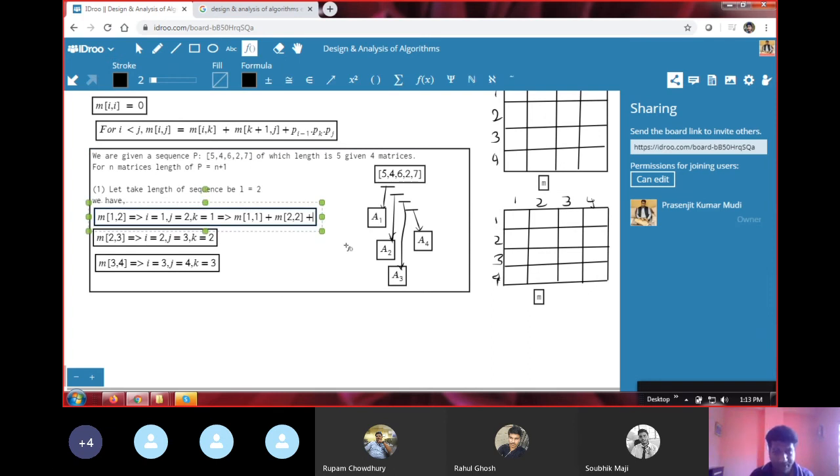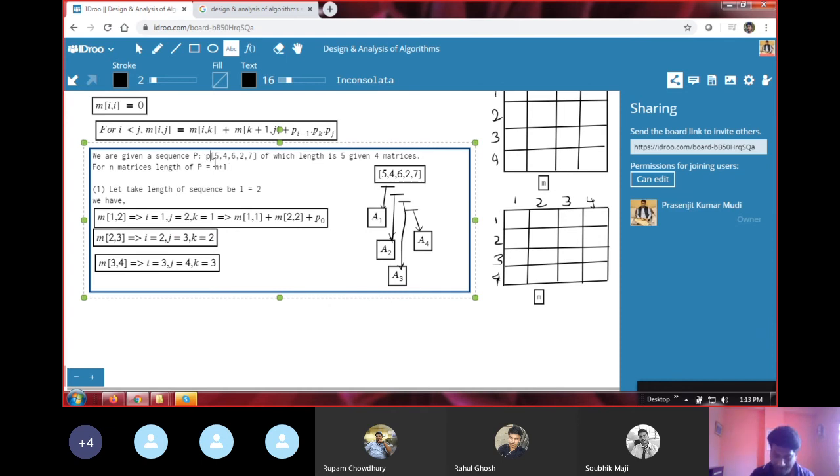And next we have p. What is the value of i minus 1? 0, because i is 1. So let me write over here what are P0, P1: P0, comma P1, comma P2, comma P3, comma P4.